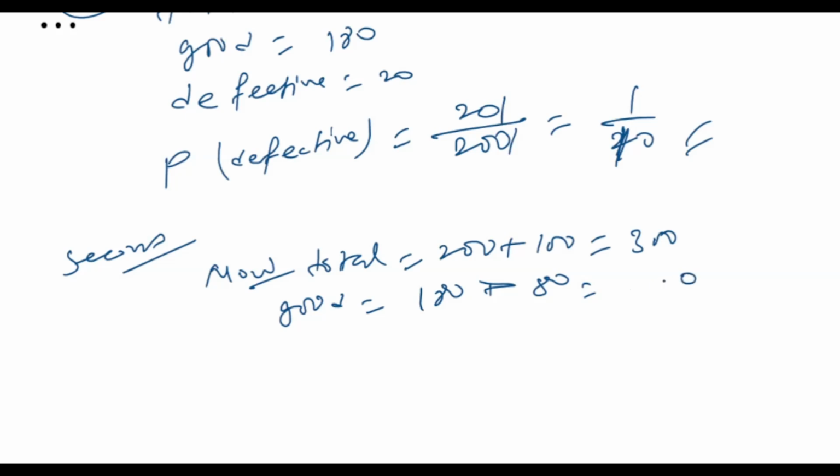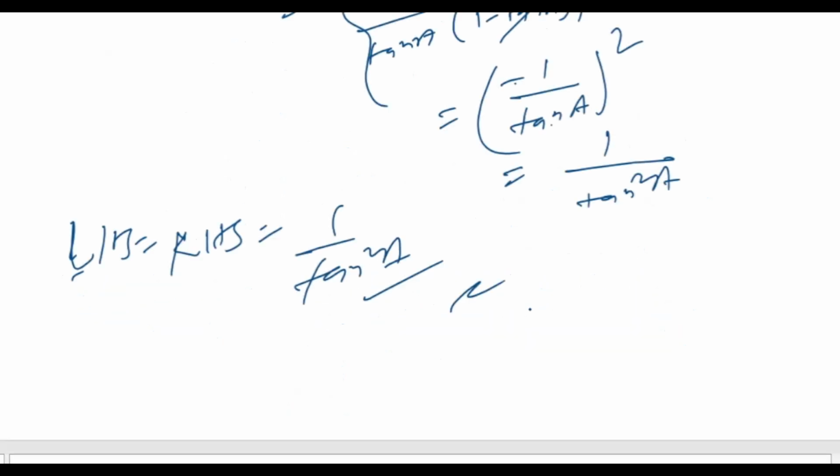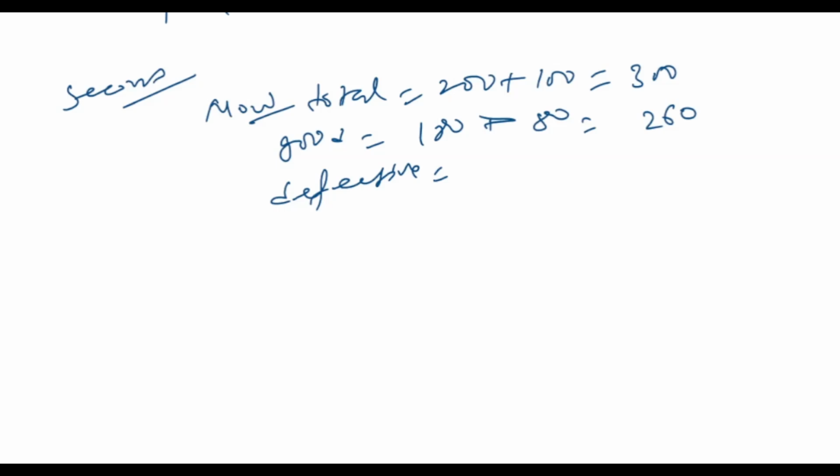So this is 260, and defective is equal to, previously it was 20, and this time it is also 20. So 20 plus 20 gives you 40. We can also check it this way: 300 is total, 260 is good, so 40 is defective.